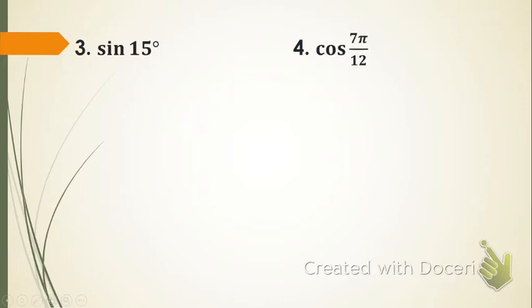Do we know the exact value for sine of 15 degrees? That's not one of the ones on our unit circle, is it? It is equal to sine of pi over 12.